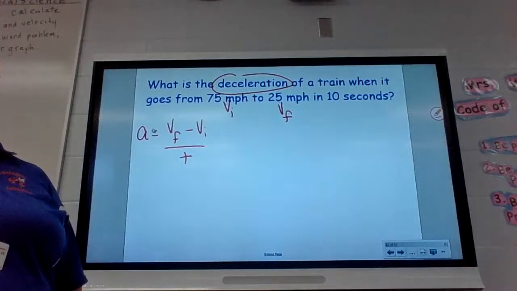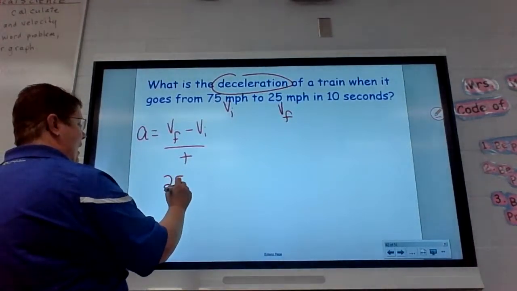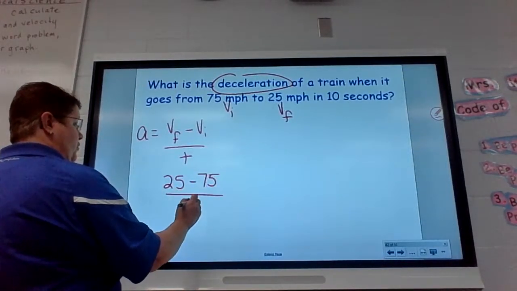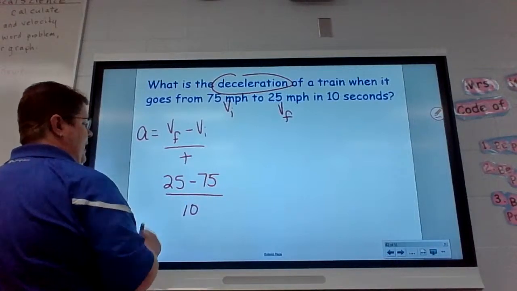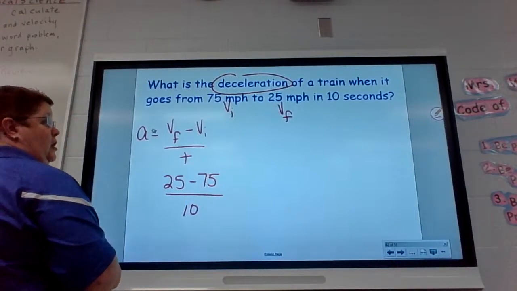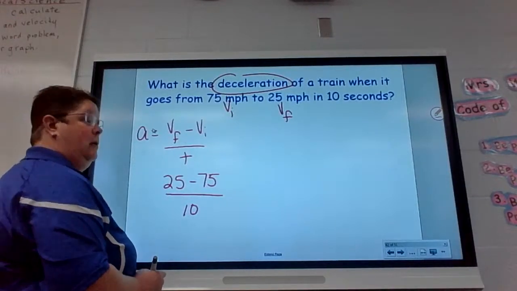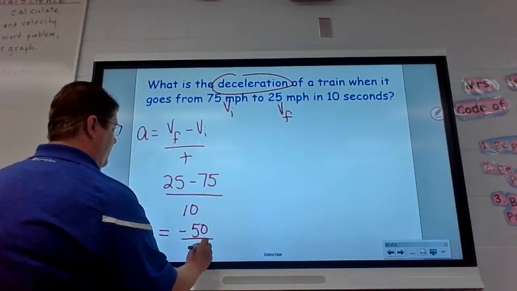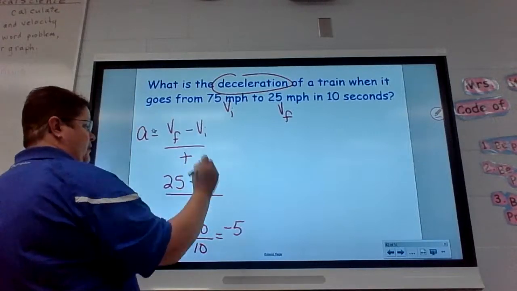So when you plug into the formula, you're going to have 25 minus 75 over 10 seconds. So you get 25 minus 75, which is what in math class? Negative 50 over 10, which will give you negative 5. And then again, miles per hour per second.